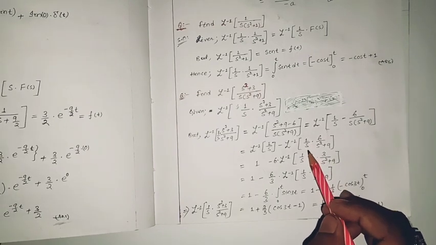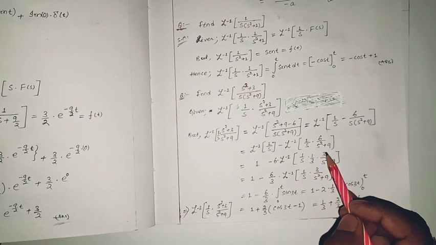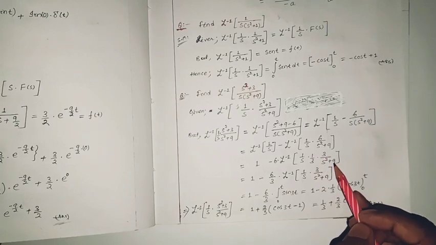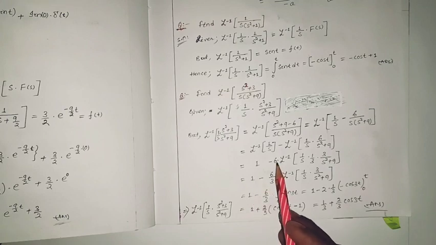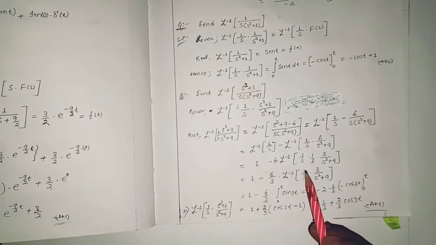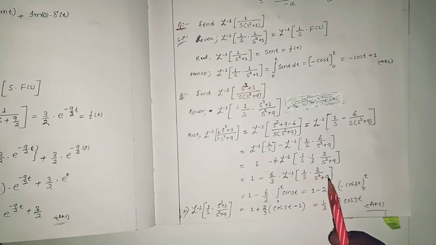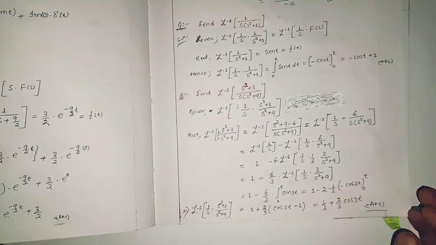Now 1 by s is there, 1 by s into 1 by 3 into 3 by (s square plus 9). 9 is nothing but 3 square, right? So 1 minus 6, this 3 taken outside, 6 by 3 into the inverse Laplace transform of 1 by s into 3 by (s square plus 3 square). Okay, so a by (s square plus a square) is nothing but sin at, that we know.